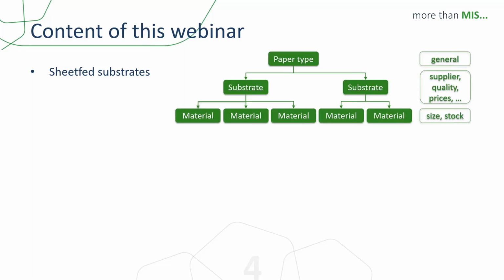First of all, there are the sheet-fed substrates. We have been demonstrating them in the previous webinar, so we will not go through the entire management of these substrates again. Changes in 7.21 are limited to the new copy wizard by which you can copy existing substrates and take over some properties of the original substrates in new substrates.